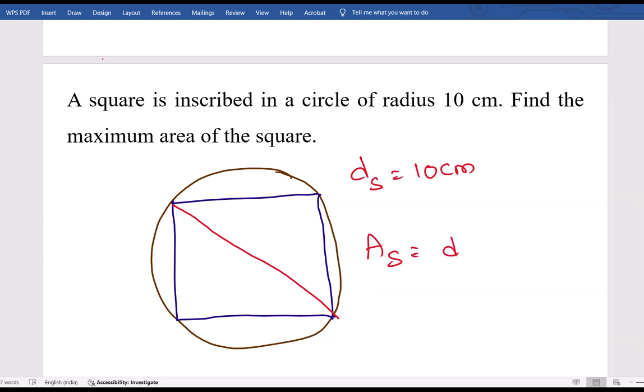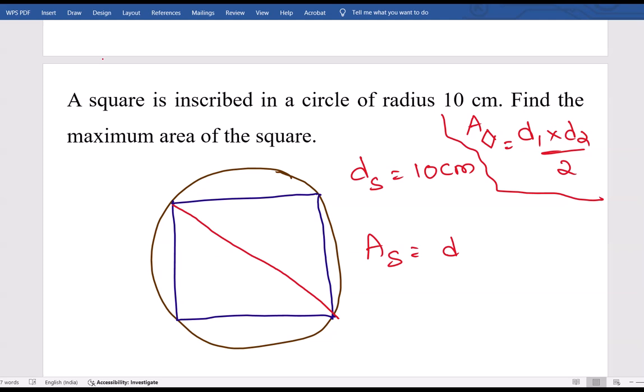What is the area of a rhombus? Area of a rhombus is the product of diagonals divided by 2. If diagonals are equal, the rhombus will become a square.